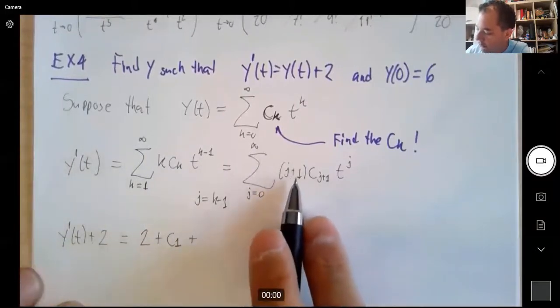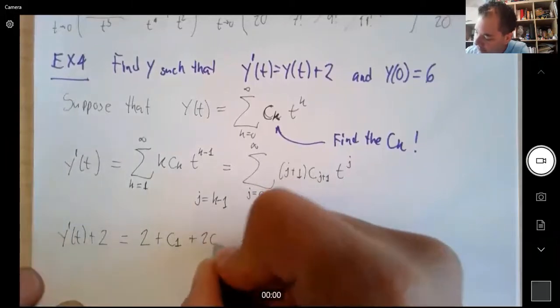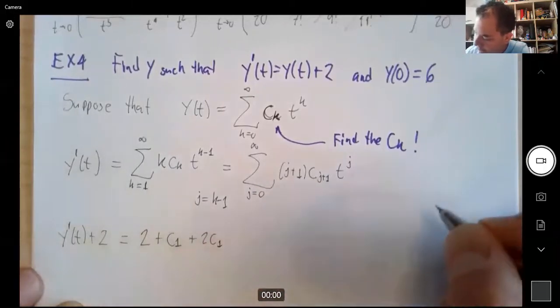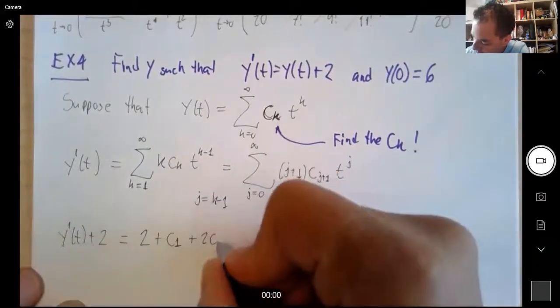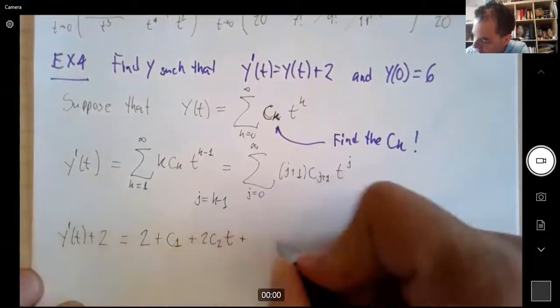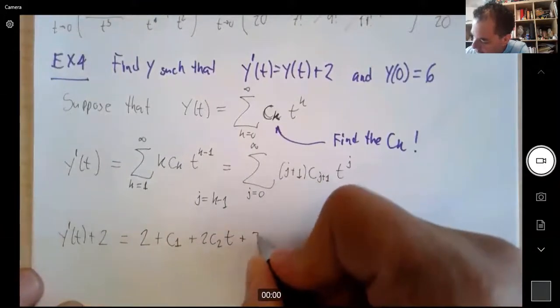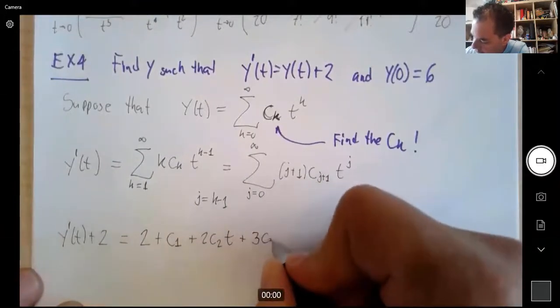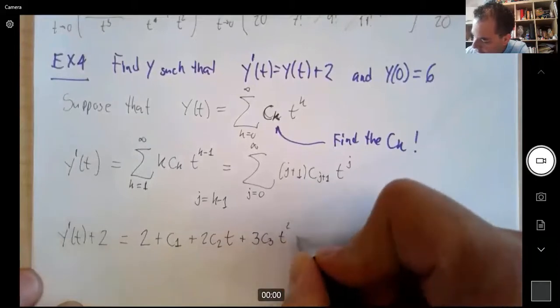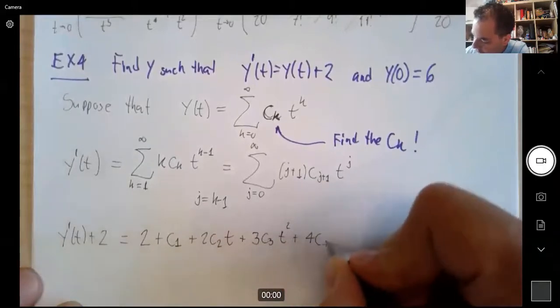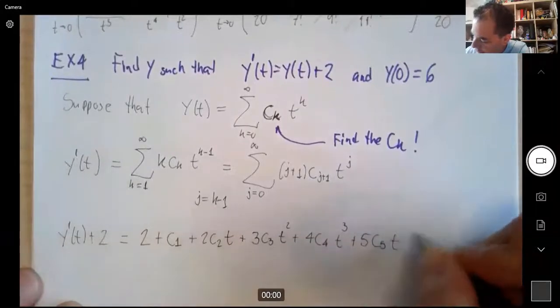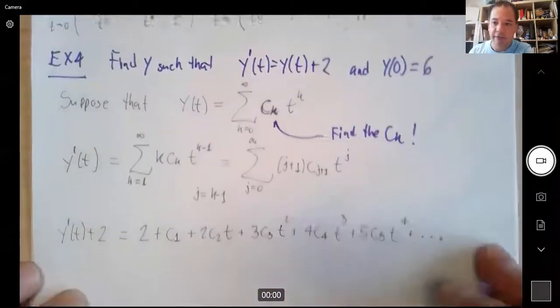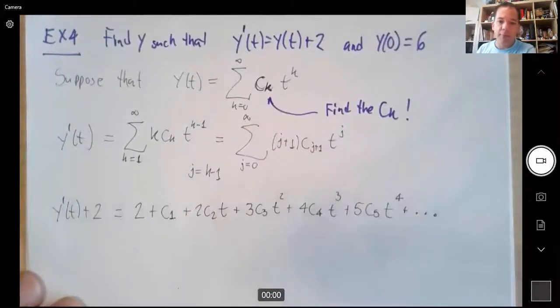So that will be 2 c2, my bad, 2 c2 t. Then 3 c3 t squared, 4 c4 t cubed, 5 c5 t to the 4th, etc. Correct? That's y prime plus 2.